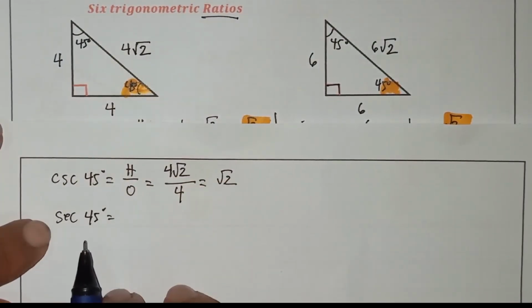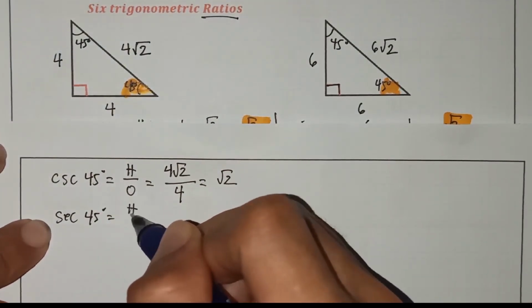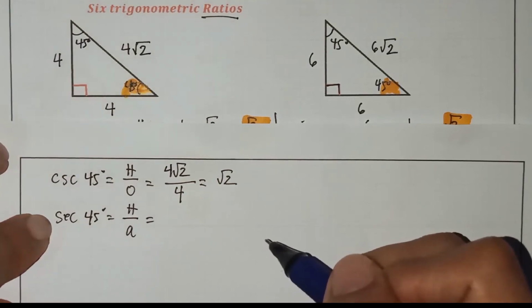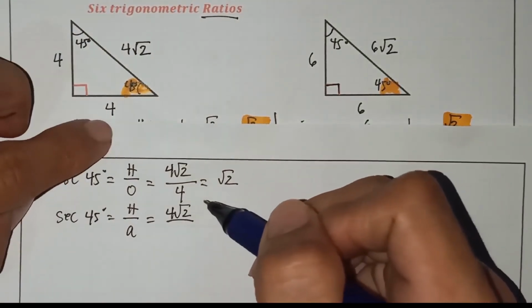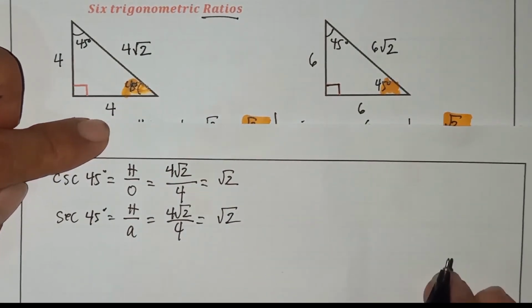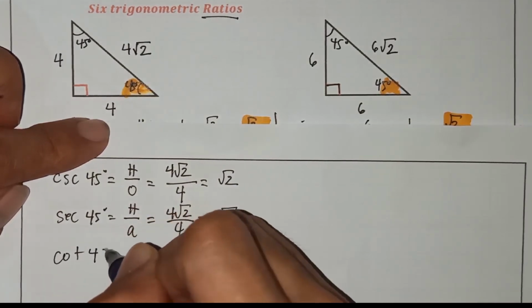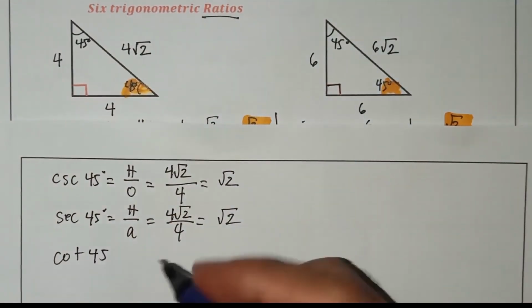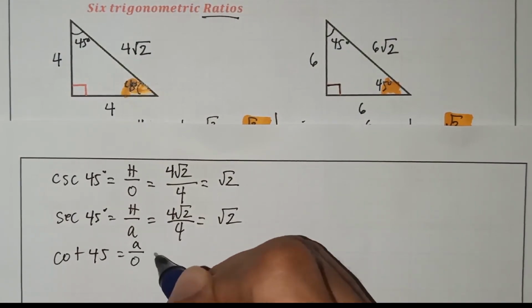For the secant 45, that is hypotenuse over adjacent. The hypotenuse again is 4 square root of 2, and the adjacent is 4. The result is square root of 2 also. For the cotangent 45, that is adjacent over opposite.